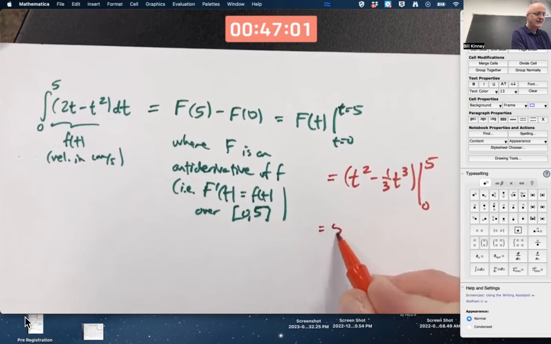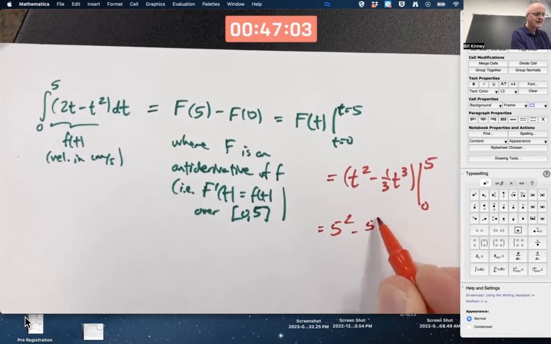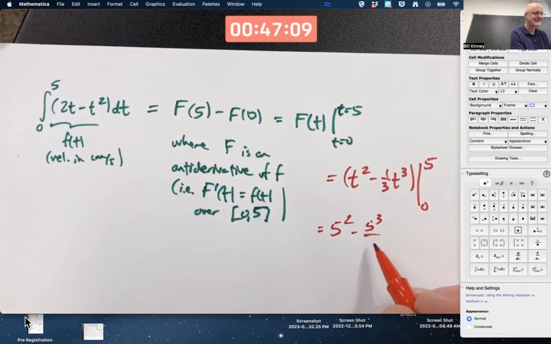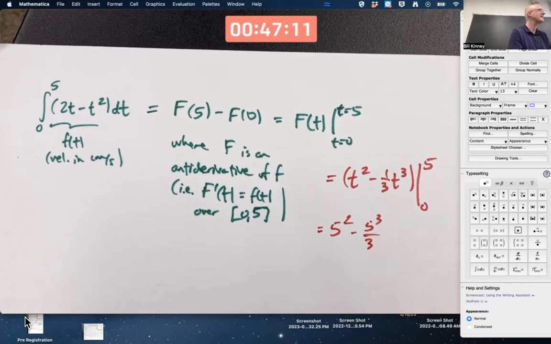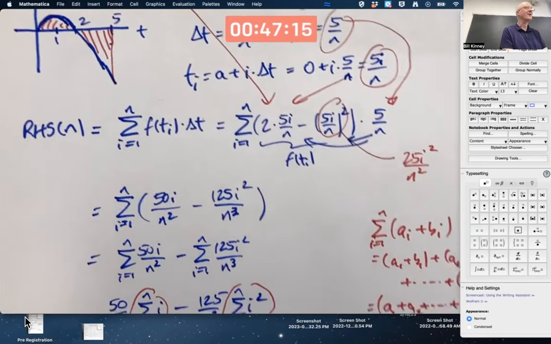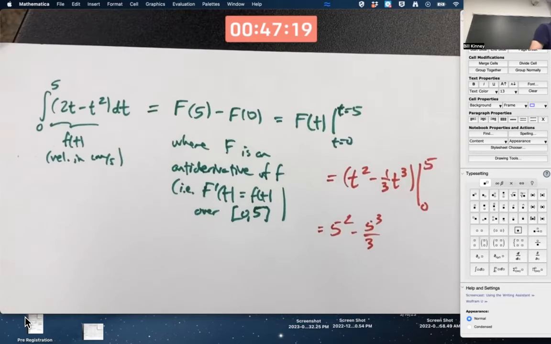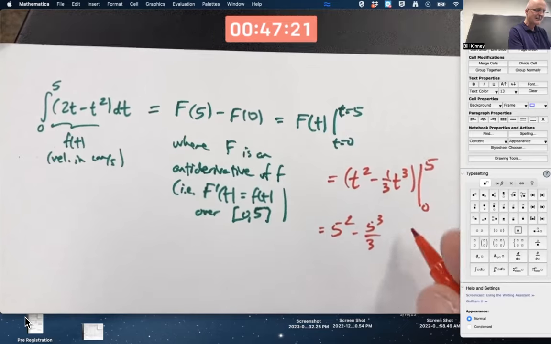Plug in 5. Was this the exact same problem we did before? I'm not feeling like this is the exact same problem we did before, except we didn't do this before. Didn't we get negative 50 over 3 for an answer before? Maybe we did.